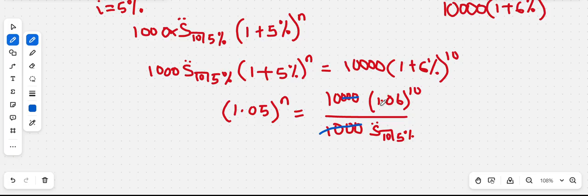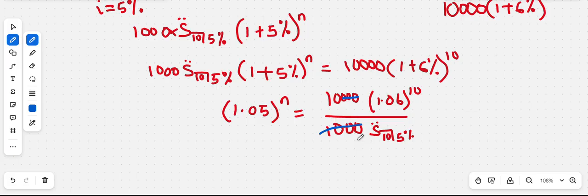Now resolving what I have here, 10 times 1.06 raised to power 10, putting it in a particular side, and then finding this value here, what I'm gonna have when I resolve this. So let me go ahead and do that, and compute.